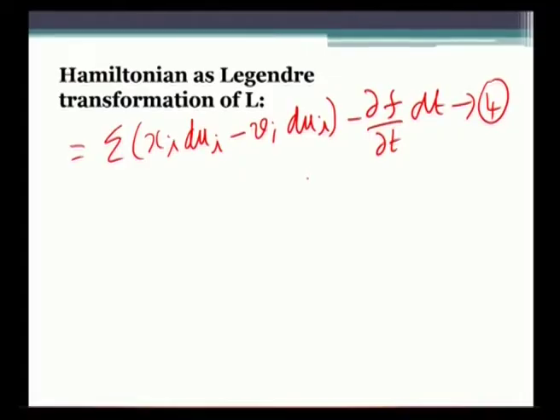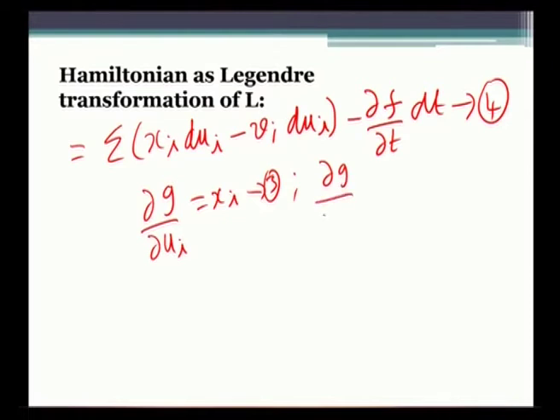Here it consists of dui and dyi. So, the relations: dou g by dou ui is equal to xi. Keep this as equation 5. And dou g by dou yi is equal to minus vi. Keep this as equation 6.